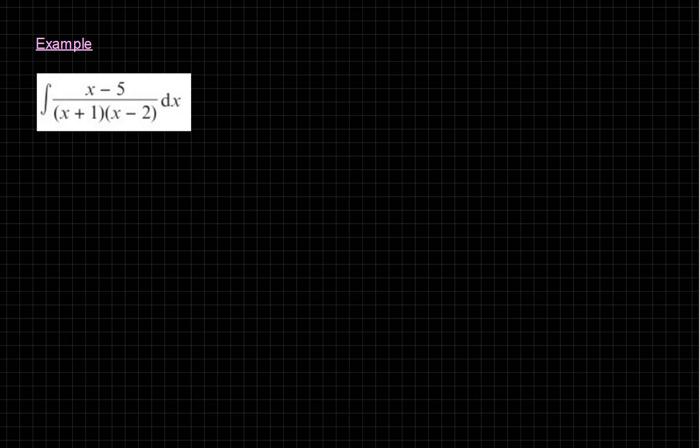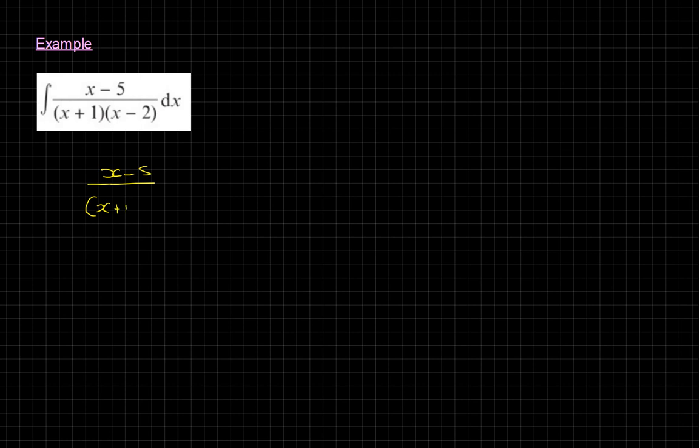So now let's look at a few examples. I think I've got about 3 examples that I want to just quickly knock through. The first thing you're going to need to do if you're doing integration by partial fractions is find the partial fraction. So let's do that. This can definitely be written in this form.